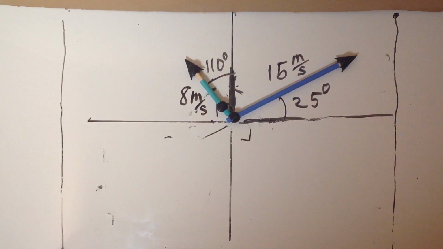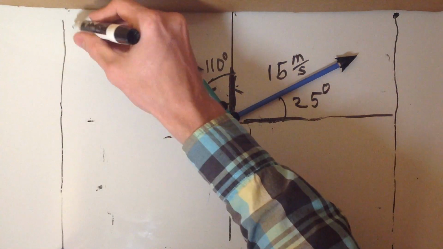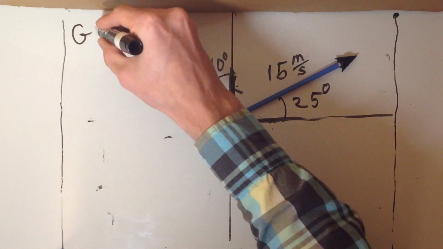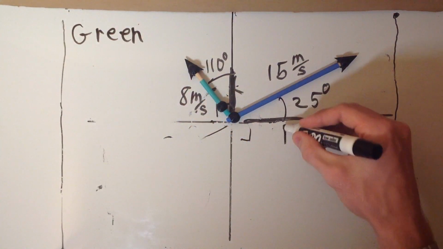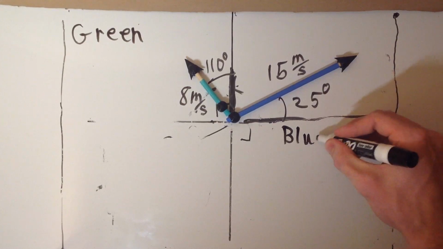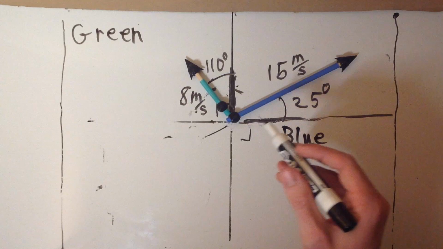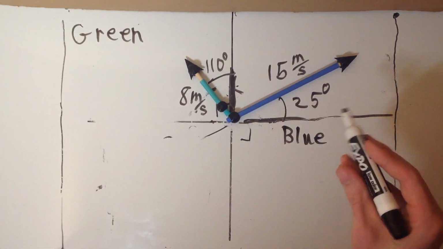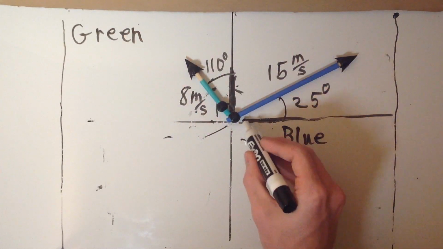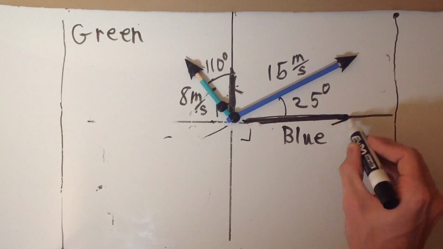Now we're going to find the x and y components of each of these vectors. Over here we're going to work through the green arrow, and down here we'll work through the blue, to get the x and y components of the vector. Let's start with the blue vector, and with the x, which is going to be along the x-axis here.